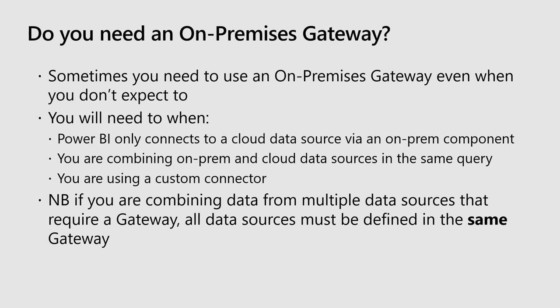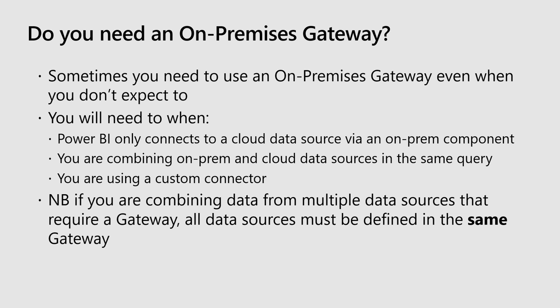It's got to go through a gateway. So even if you might be able to connect to your cloud data source directly, if you're combining it, merging it, for example, with data coming from an on-premises data source, then you're going to have to specify your cloud data source inside the gateway and put all of your traffic through the on-prem gateway.